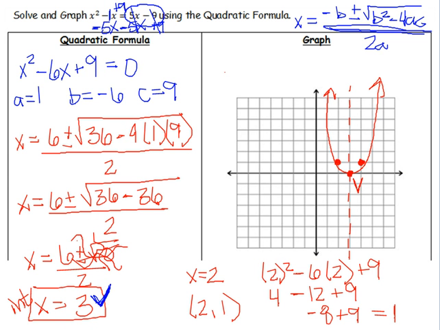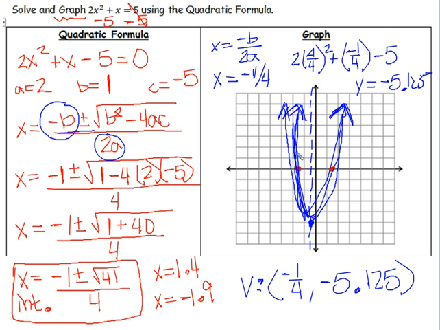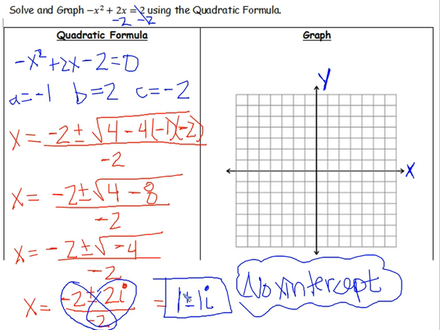We only really got one answer. If we go back to the first one, we had 2 x-intercepts because we had 2 answers. But notice on this last one, we don't get a real answer. It's an imaginary answer, so there's no way I can plot an imaginary number on the real coordinate plane. So I can't put any dots on this x-axis, which means that our graph never touches or goes through the x-axis. So let's try to plot this anyway.